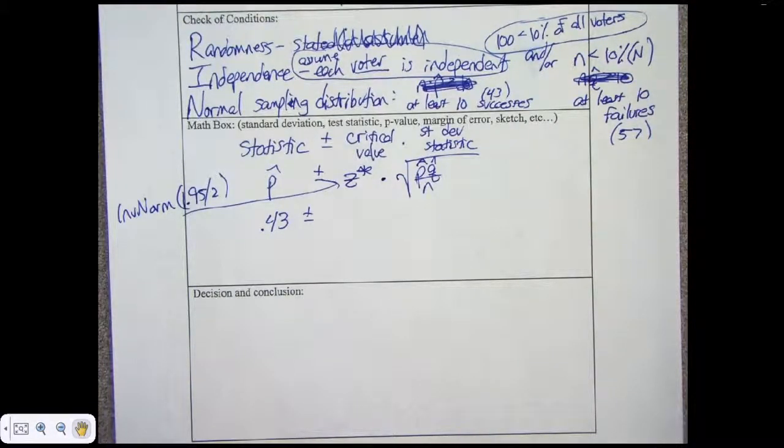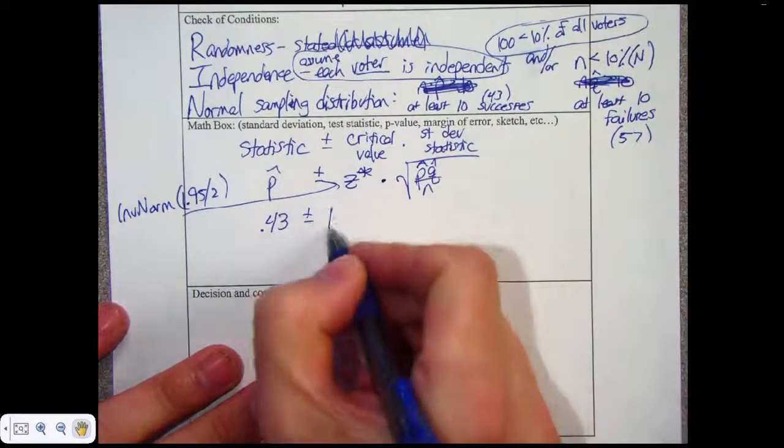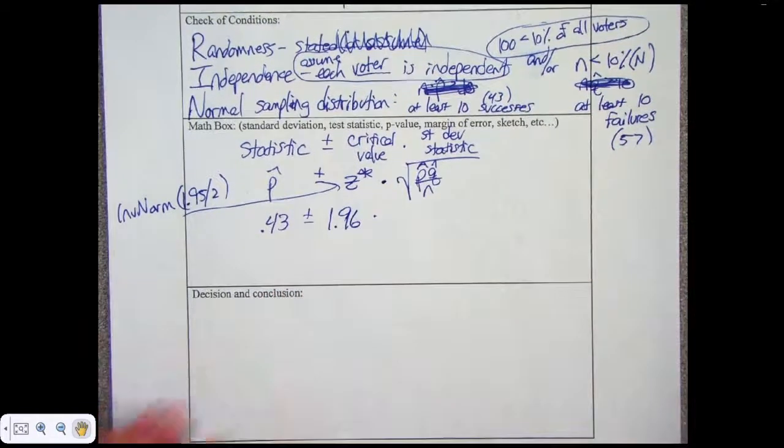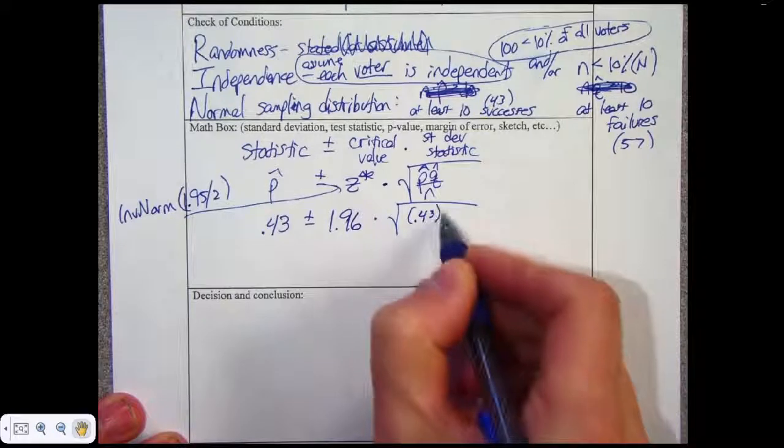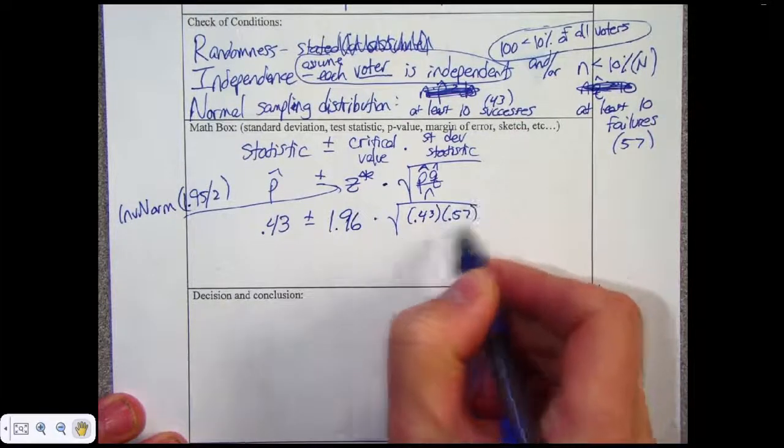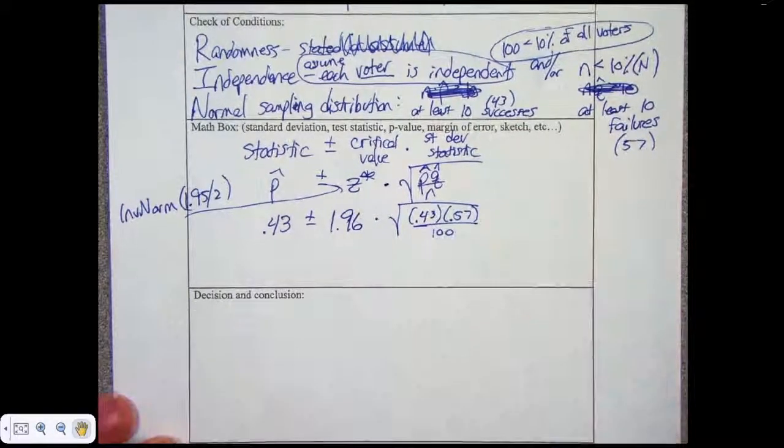There's no degrees of freedom involved. I got 1.96. You guys get the same thing? Then times the square root of P hat is 0.43, Q hat is 0.57, and N was 100.